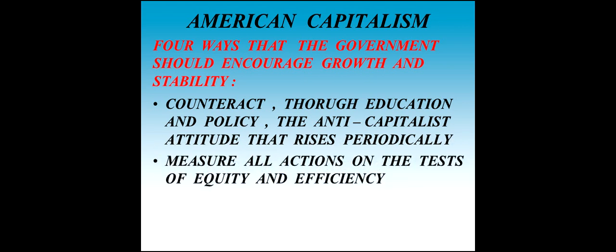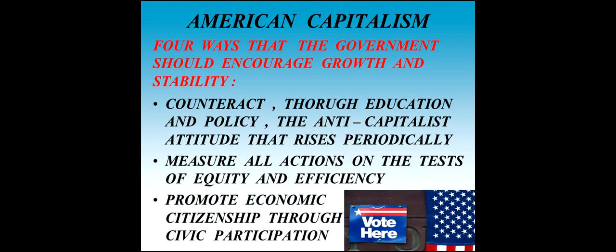A second way that the government should encourage growth and stability is to make sure, and I want to reemphasize this one more time, that we measure all actions based on the test of equity and efficiency, and also promote economic citizenship through civic participation, getting the citizenry educated and involved in the decisions with regard to our economic system.